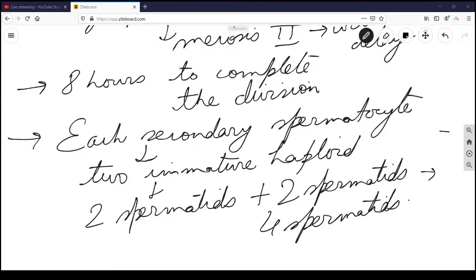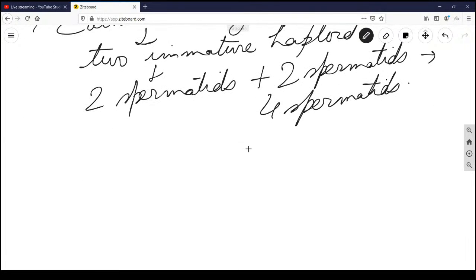What happens is they undergo a series of profound changes that transform them from ordinary looking cells to highly specialized spermatozoa. Now they undergo specialization, differentiation, no division.